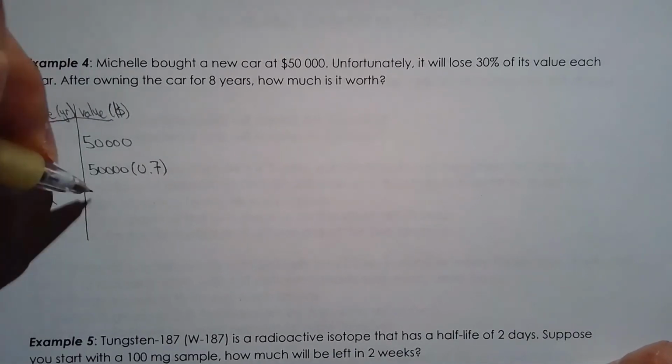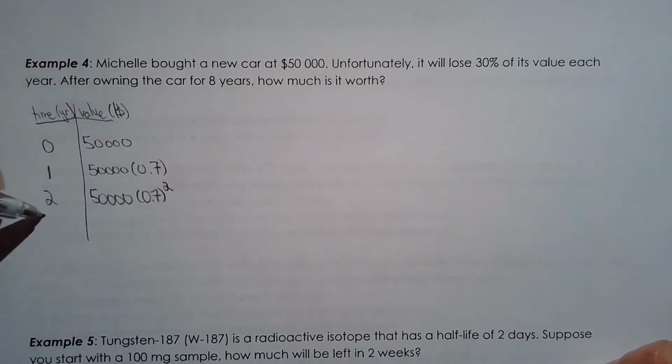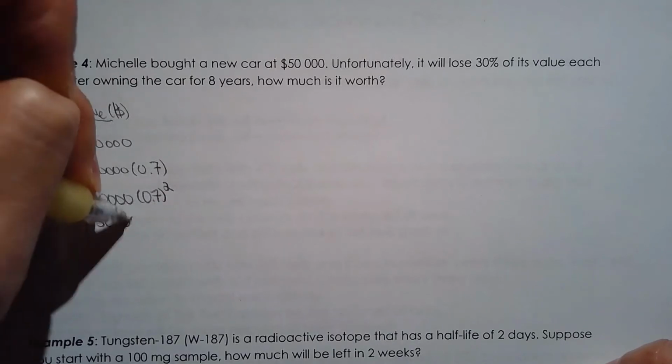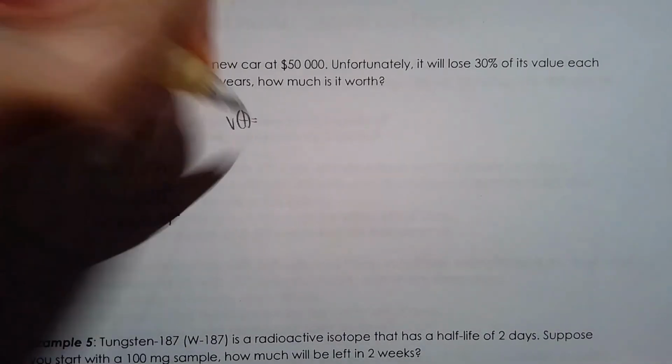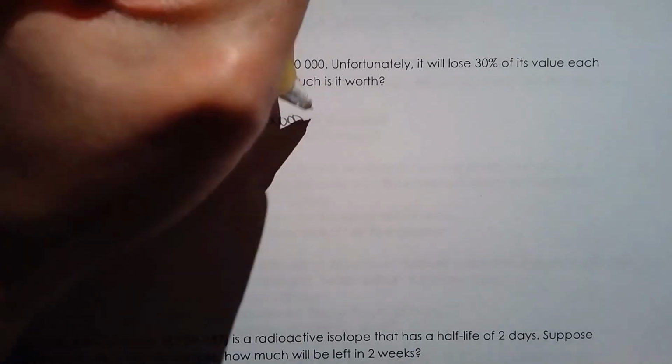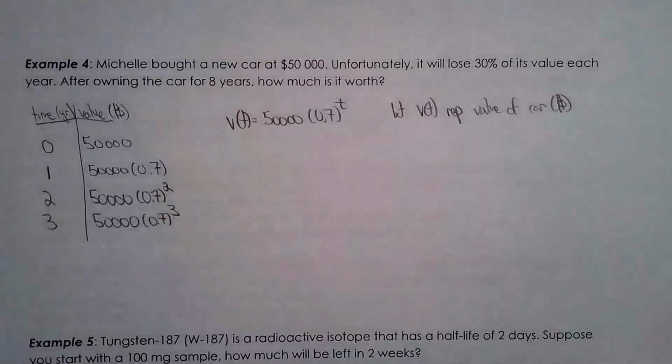And after another year, you multiply by 0.7 again, and then another 0.7, and there you go. So let's build our model. The value of the car as a function of time is 50,000 times 0.7 raised to the power of t. Let v of t represent the value of the car in dollars. Let t represent time in years.